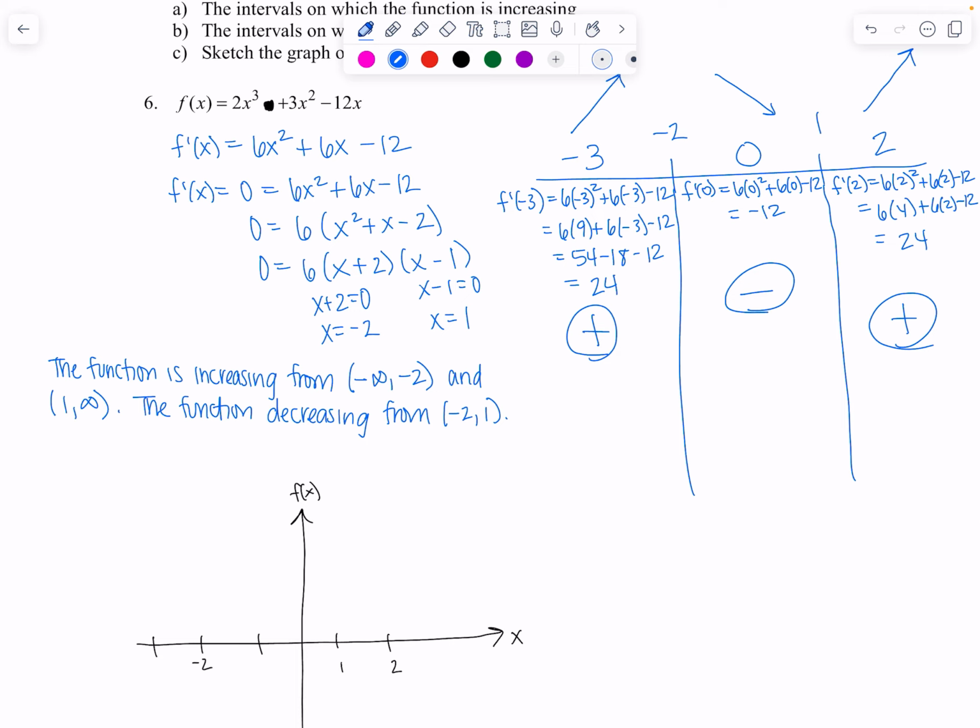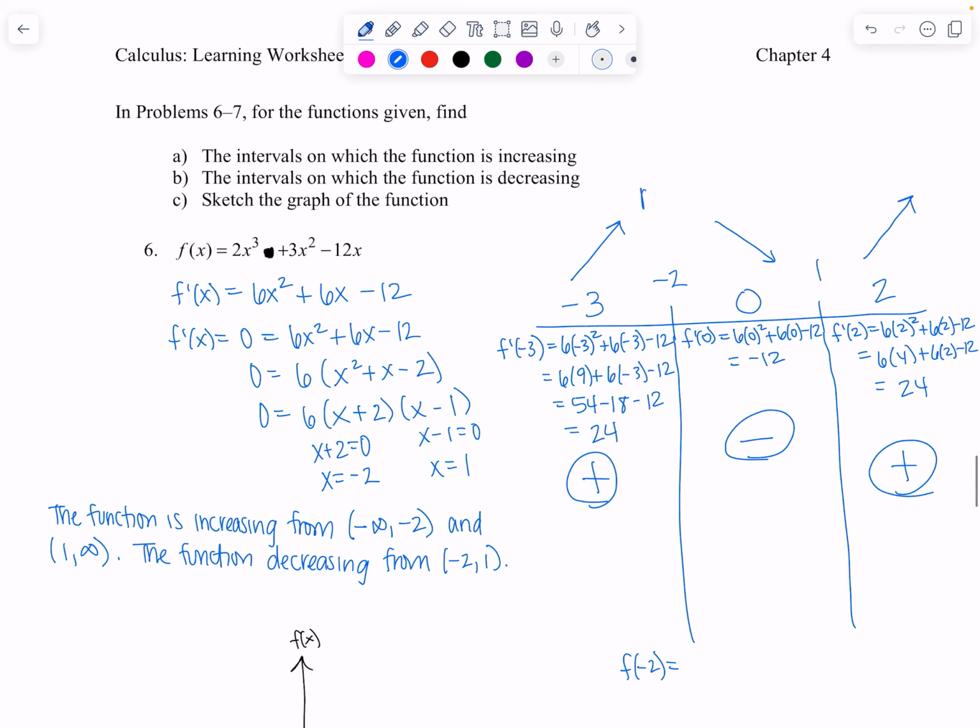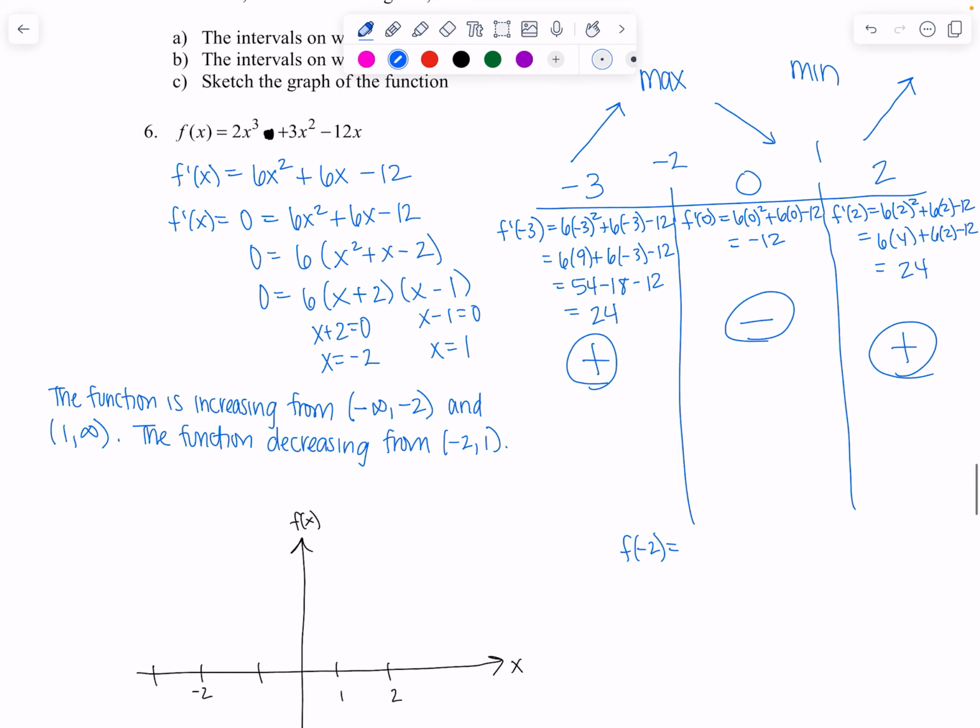I think I want to find out what my points are. So I'm going to find out what f of -2 is, so that way we know the point that is our maximum, because we're going to have a max and then a min. So let's find out where these are.